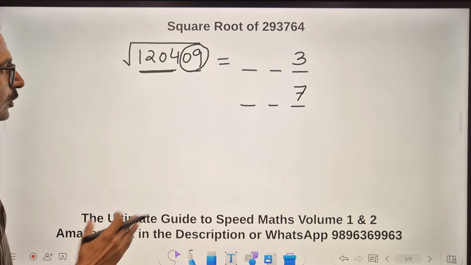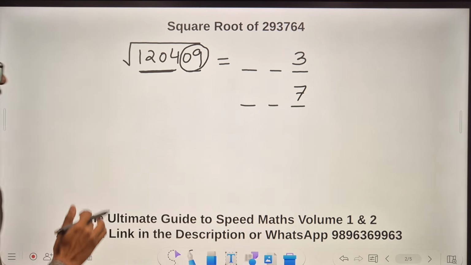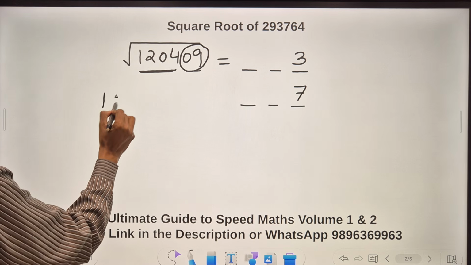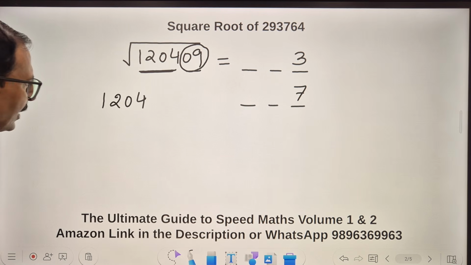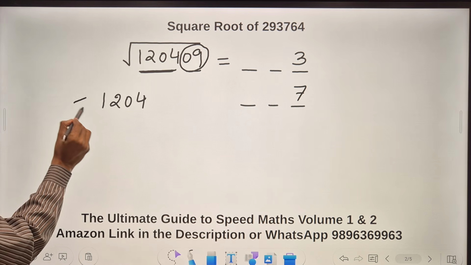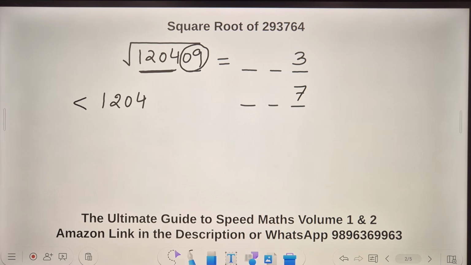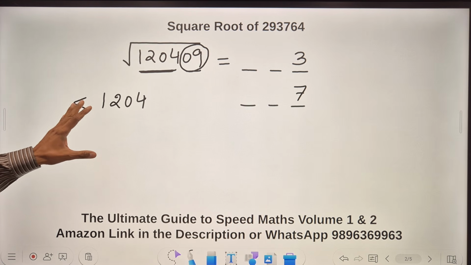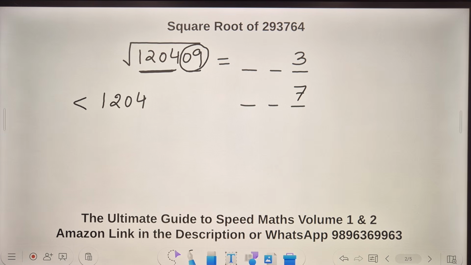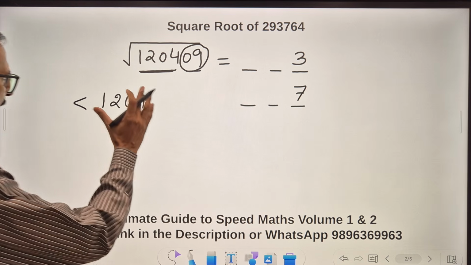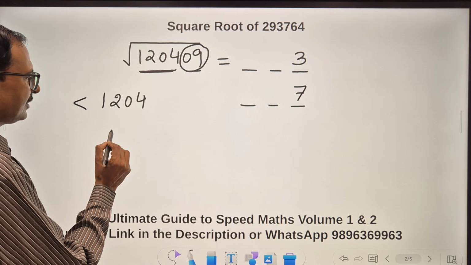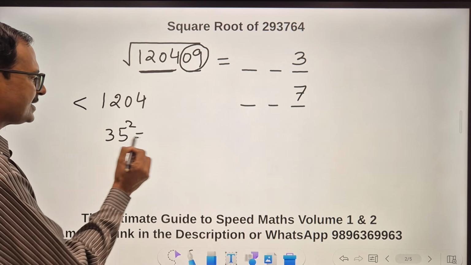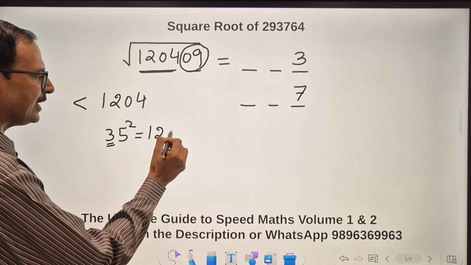Now I need to find out what are the first 2 digits, and for that I will try to approximate this number, 1204. Now I need a number whose square is just greater than 1204, and some of the approximations which I do is, see, a little bit of Vedic maths I told you. 35 square is 3 times 4, 12 and 25.